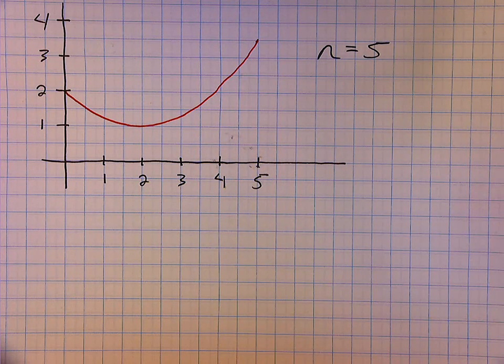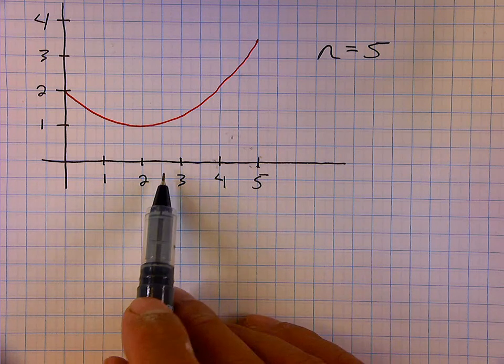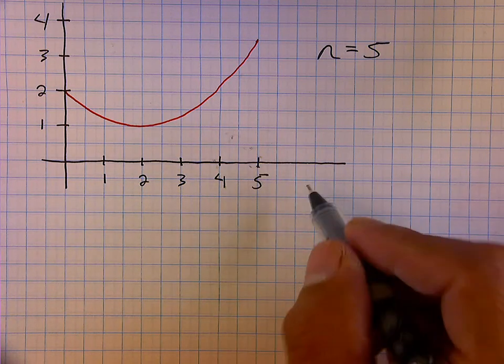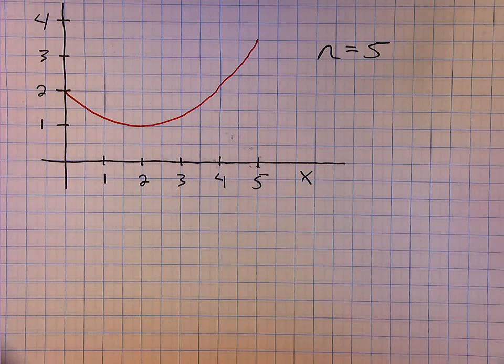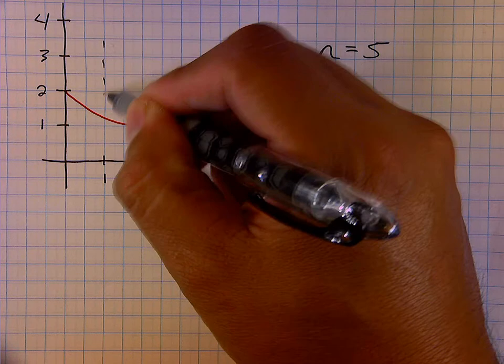Is that something given? So, if I have a total of 5 rectangles, then the width of each rectangle is going to be 1. Notice these are x values. And I calculate the distance of each rectangle, the width of each rectangle.